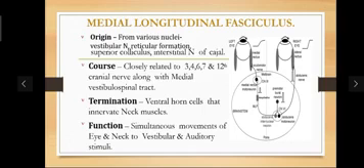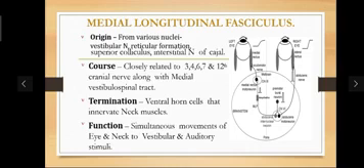The termination is on ventral horn cells that innervate the neck muscles, and their function is simultaneous movements of eye and neck to vestibular and auditory stimuli.